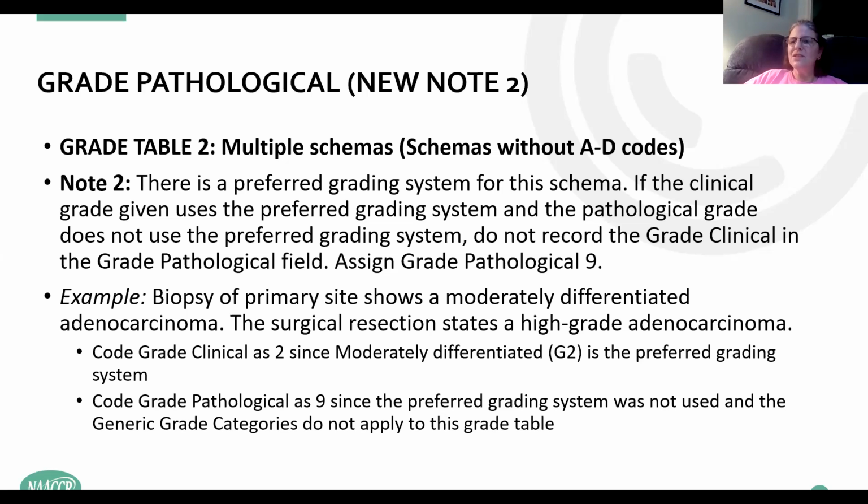The surgical resection states a high-grade adenocarcinoma, which is not part of the terminology of the nuclear grading system. So in this case, you would code grade clinical as 2, the moderately differentiated. But for grade pathological, you would have to code a 9 because you do not have the A through D codes in here because these schemas already use the nuclear grade system.